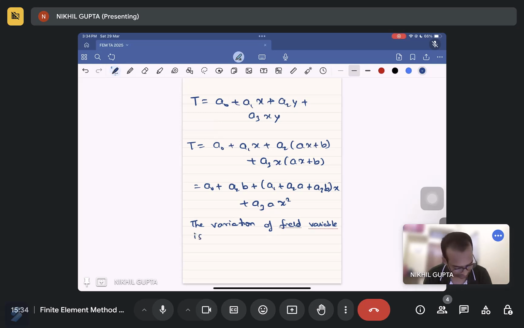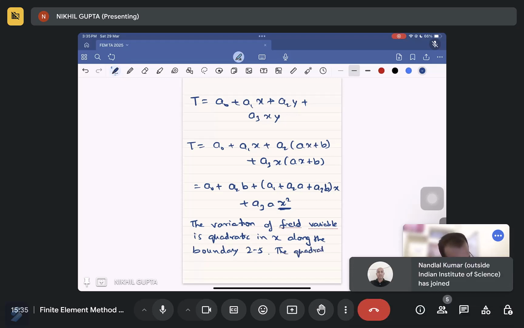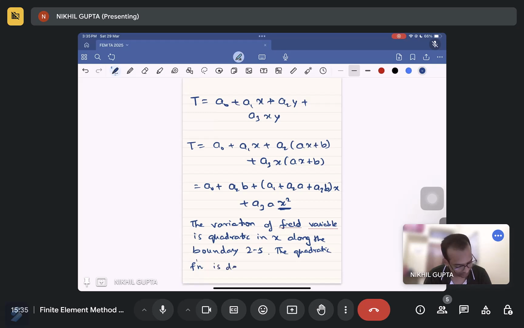is quadratic in x along the boundary 2 5. As you can see, this is x square. So the quadratic function is defined uniquely by 3 points, 3 nodes we can say.